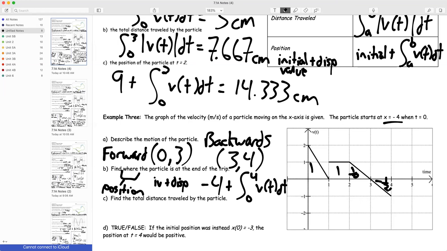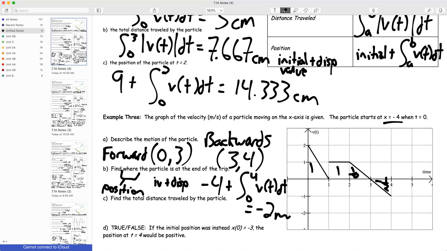So that gives me 1 + 1, which is 2, and the 1/2s cancel. So my displacement is 2. Therefore, my position is -2 meters. It's negative because the initial value is -4 plus the displacement. So -4 + 2 is -2.